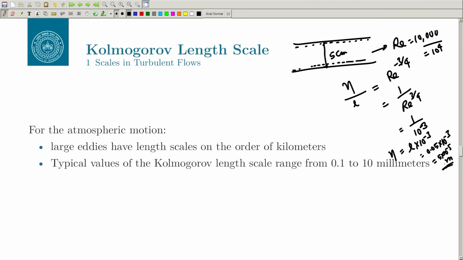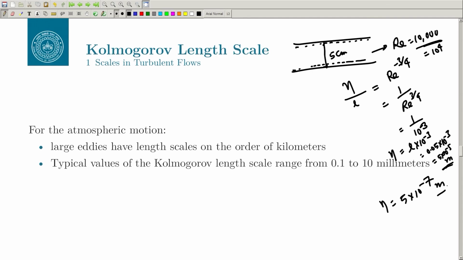Now, this is for a very moderate Reynolds number, 10 power 4. If you go to 10 power 6, for example, the same thing will become 5 into 10 power minus 7 meter. So this is the kind of dimension that we are talking about. Now, what will be the typical grid size? Remember this is in one dimension.